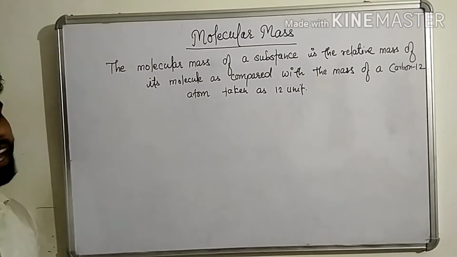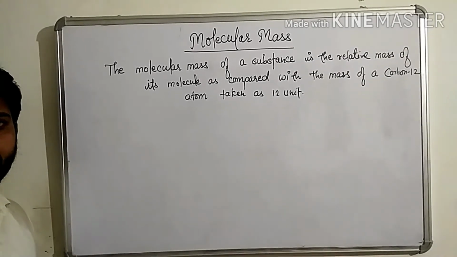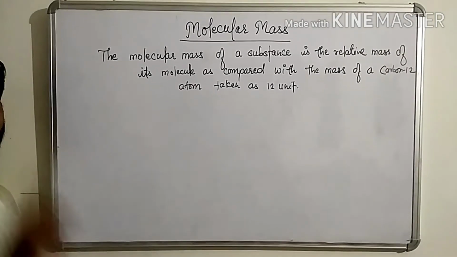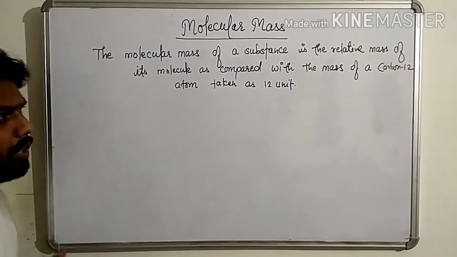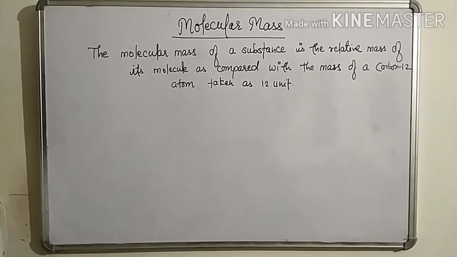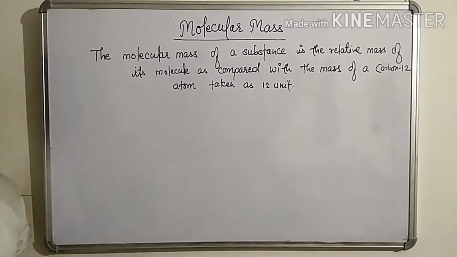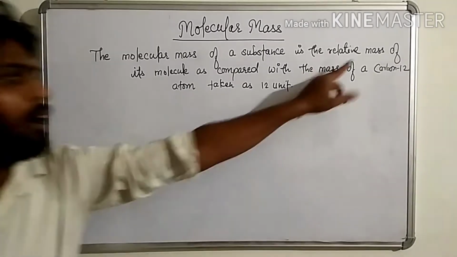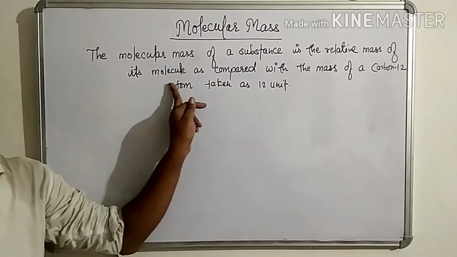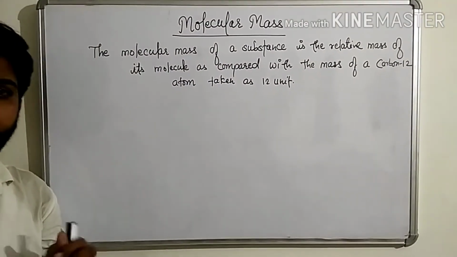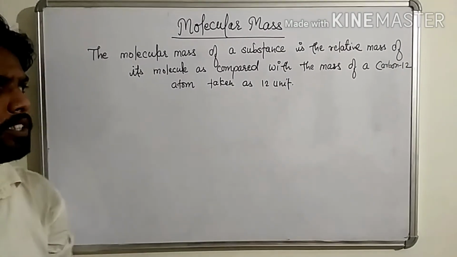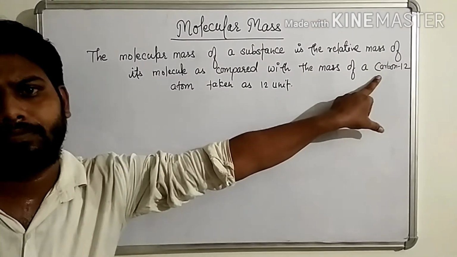So children, an atom has atomic mass. In the same way, a molecule has molecular mass. Clear children? Molecular mass means it is the relative mass of its molecule. Relative means it will also be compared with the carbon 12 part.